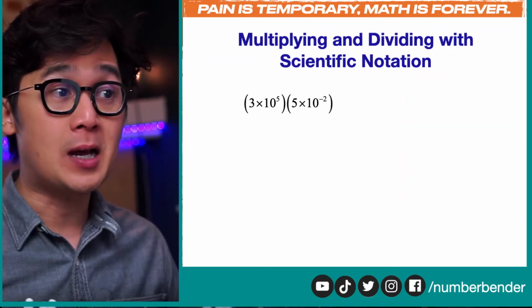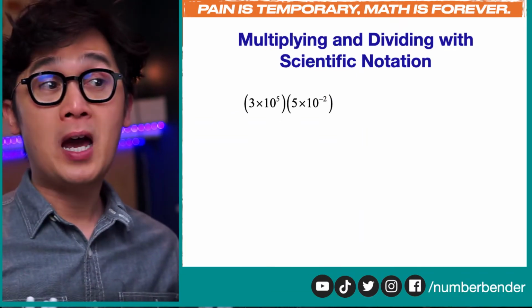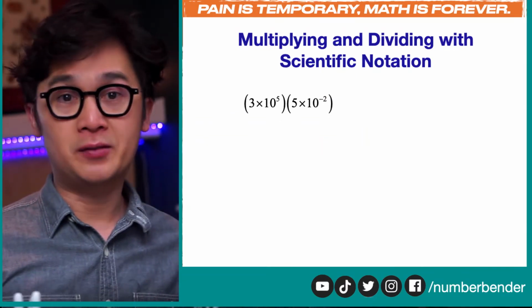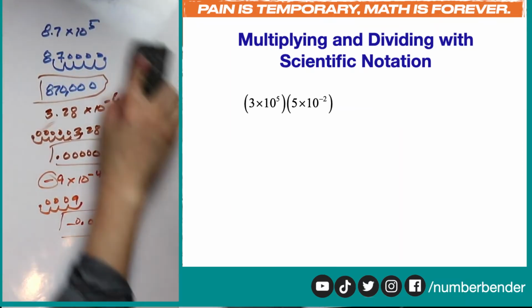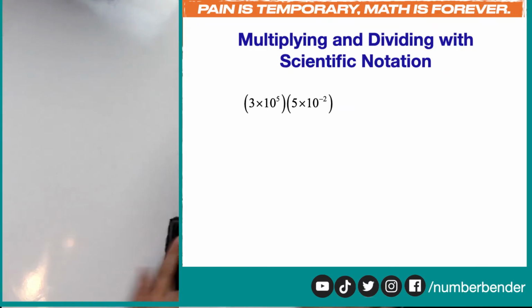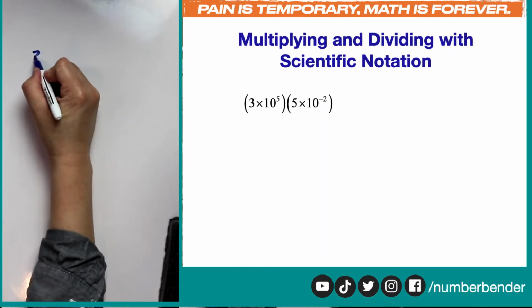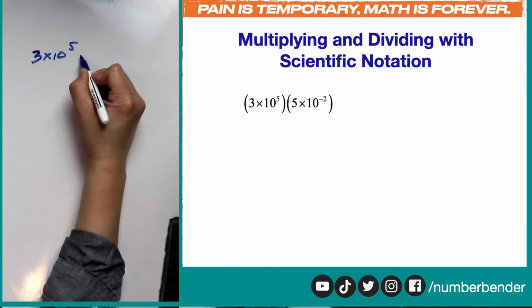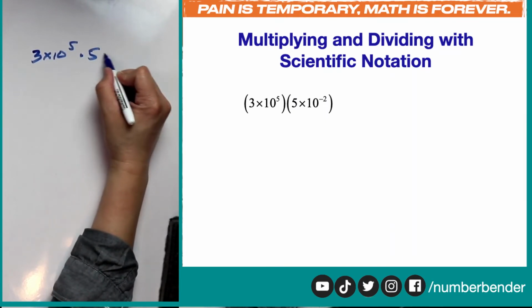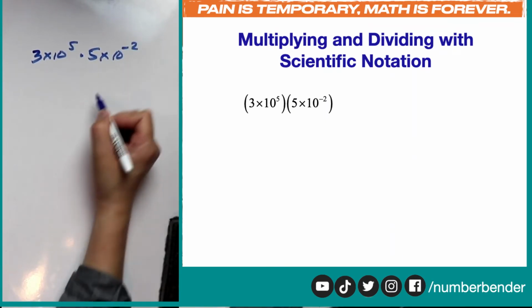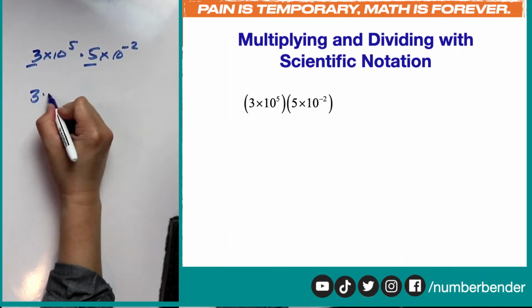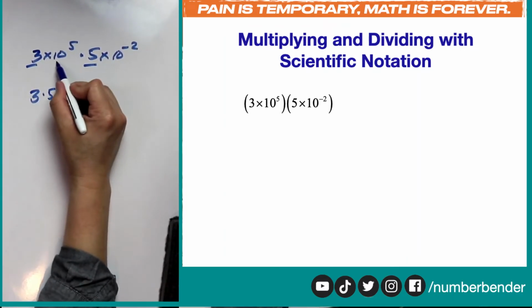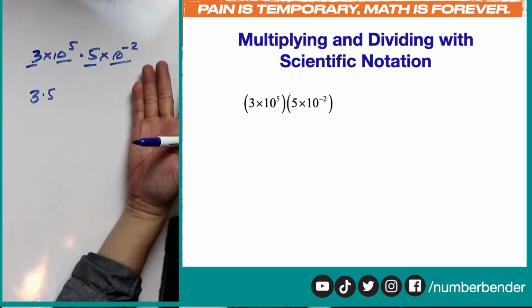So we have 3 times 10 to the fifth multiplied by 5 times 10 to the negative 2. And we're going to multiply them using this technique. To multiply these numbers, it's like multiplying algebraic expressions. All we need to do is multiply the numerical coefficients, 3 times 5, and then multiply our powers of 10.